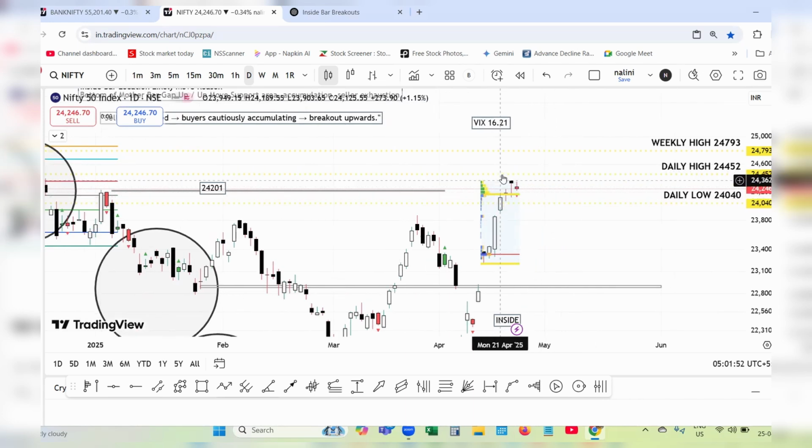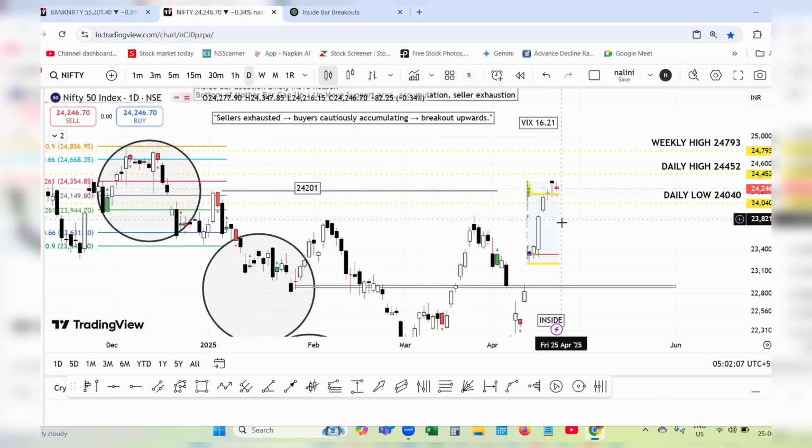And coming to the Bank Nifty, let me go to the Bank Nifty. Let me change the time frame. I'm not able to see this. 1 minute.